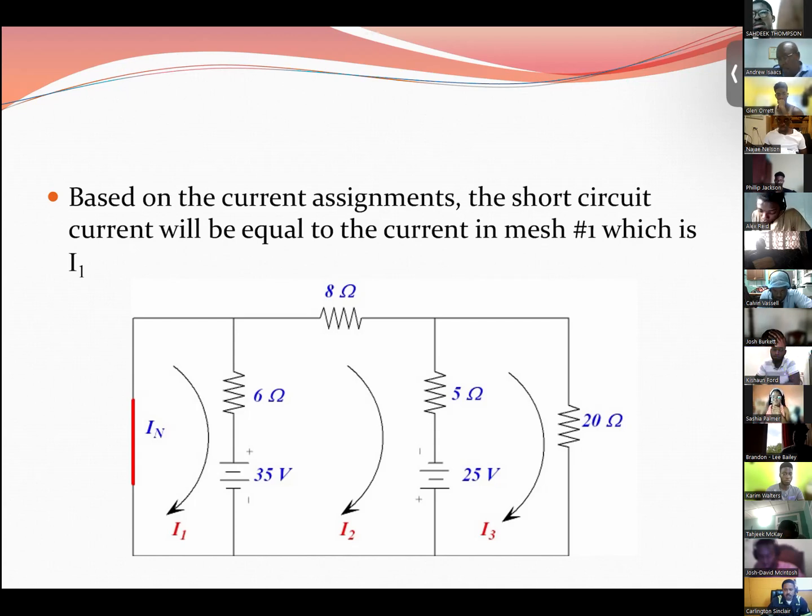So we just go ahead, write our mesh equations, and solve simultaneously. At this stage, I don't think I need to go through with you step by step in terms of the mesh currents or the mesh equations. So I'll just give you the equations.